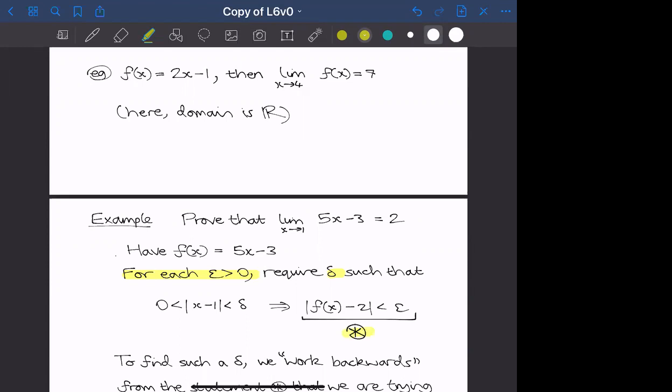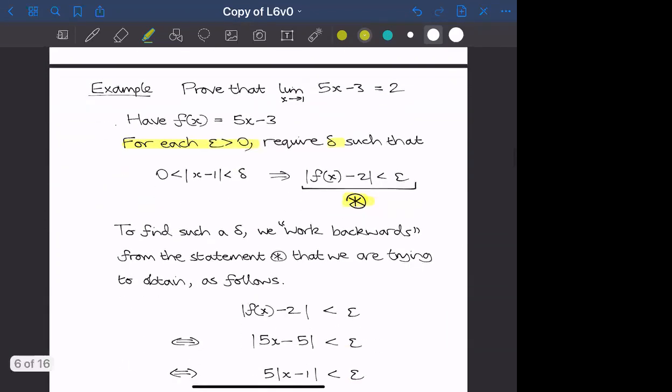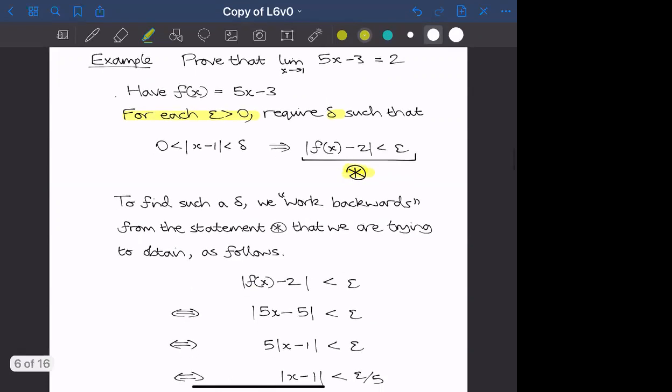So this is star: |f(x) minus 2| is less than epsilon. Of course there are an infinite number of epsilons we can choose, so we need a method for each epsilon to find a delta. And the trick is to work backwards. So let's look at this statement star, |f(x) minus 2| less than epsilon, and try to solve that inequality.